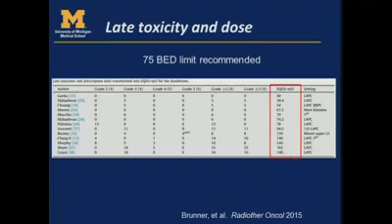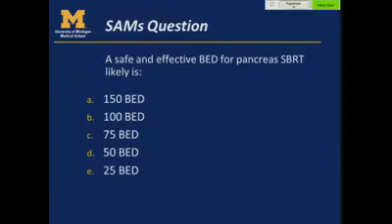I think mostly in the early days when people weren't really paying attention to the EQD2 and alpha beta 3 corrections, because nobody would do this anymore. But this at least gave us some data of the higher doses in order to model. So, Sam's question. A safe and effective BED for pancreas SBRT likely is 150, 100, 75, 50, or 25.